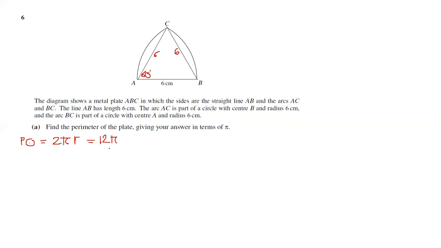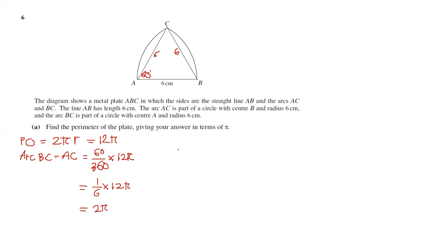Afterward, arc BC equals arc AC equals 60 degrees. So 60 over 360 times 12 pi equals 1/6 times 12 pi equals 2 pi. Okay, that's one.